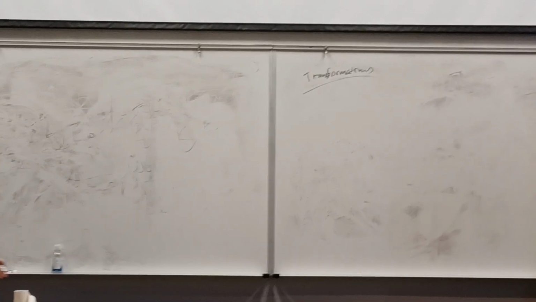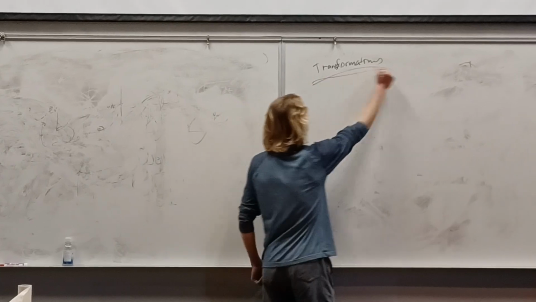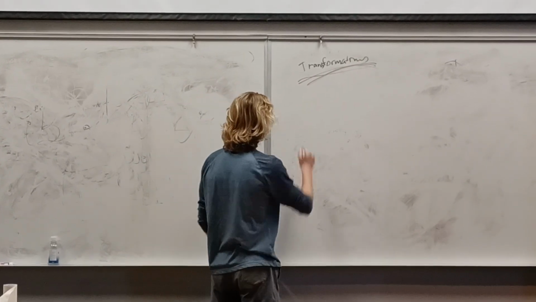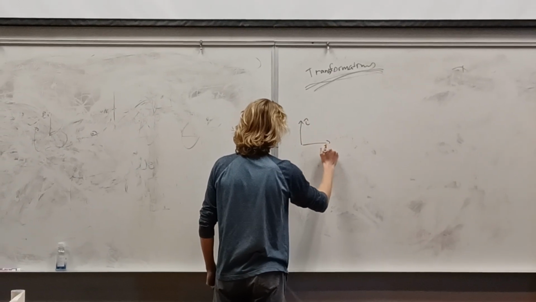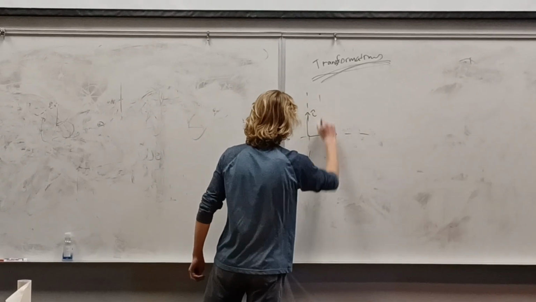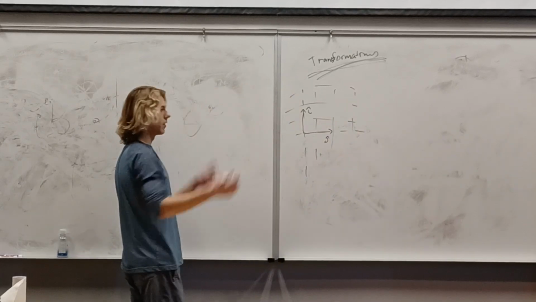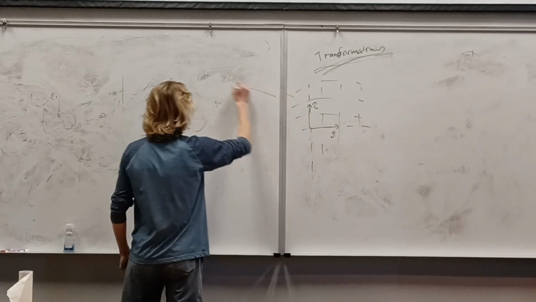So let's just imagine that we originally had our i vector and our j vector here, like just our normal plane. Here are my axes, here are my grid lines, and these are my square grid lines that you have in the regular Cartesian coordinates. And I'm going to draw a little arrow over here.